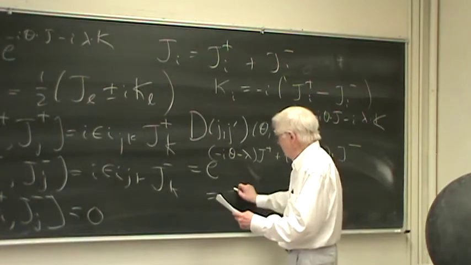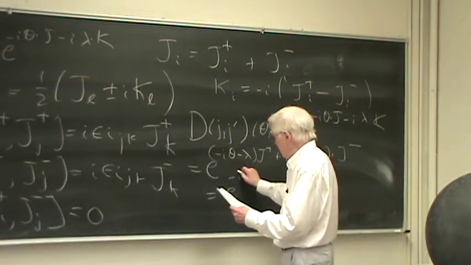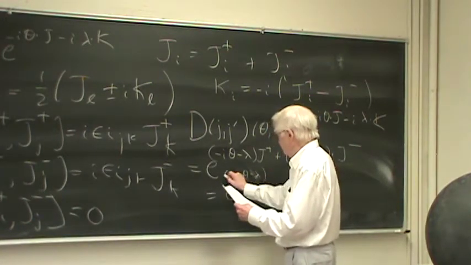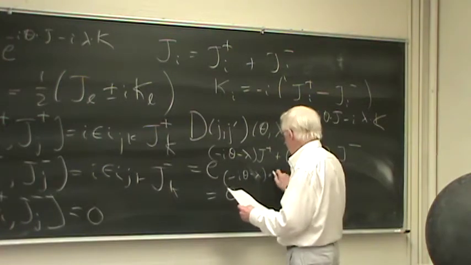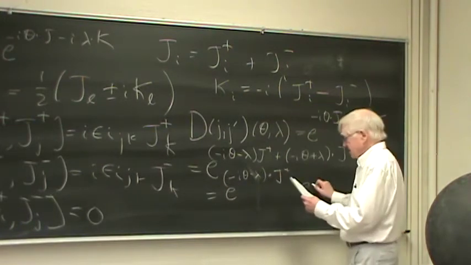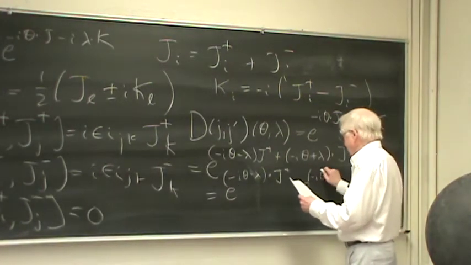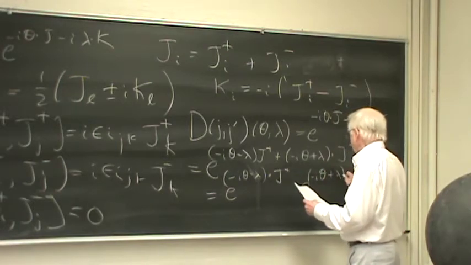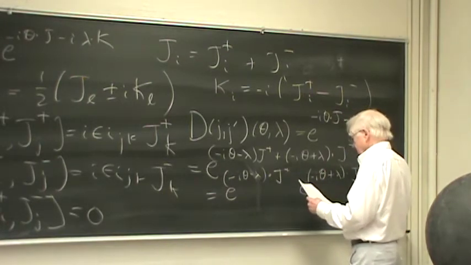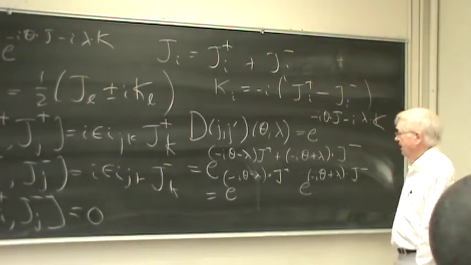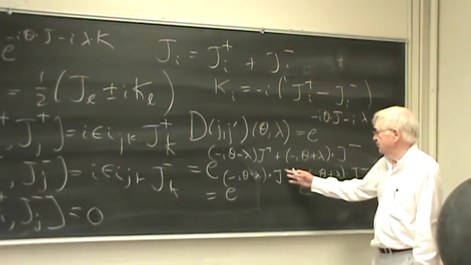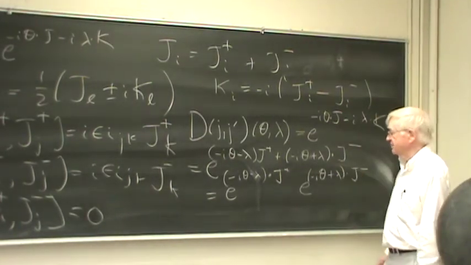So you can rewrite this as e to the minus i (theta minus i lambda) dot J_plus times e to the minus i (theta plus i lambda) dot J_minus.